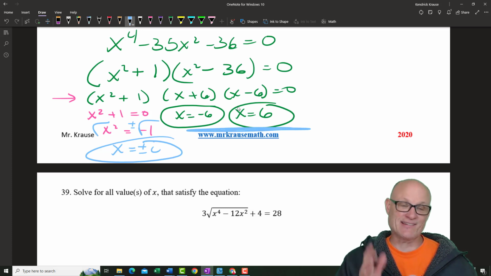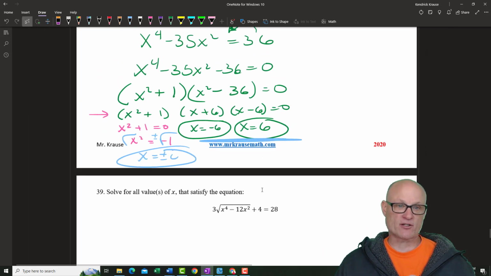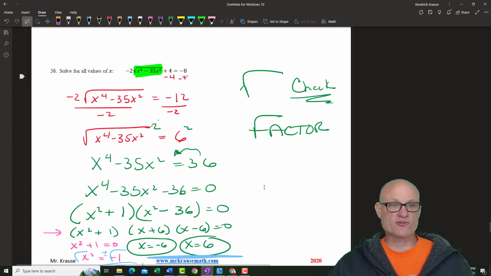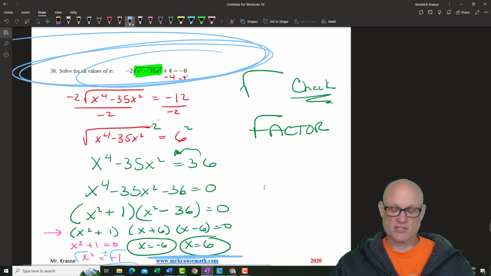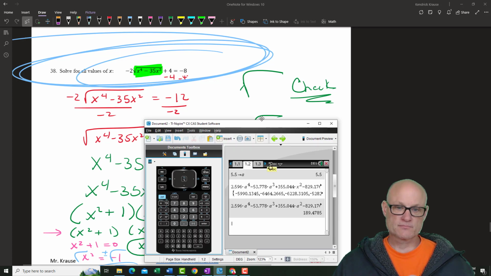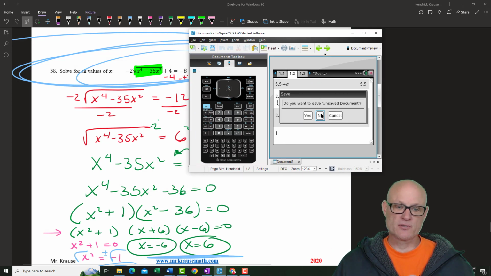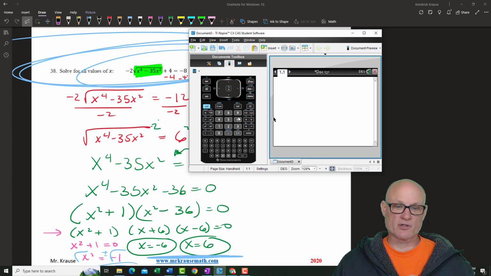But since this is a radical question, all radical questions must be checked. And remember, you always check back in the original. All right, so let me put my calculator up here. The first thing I'm going to do is store negative 6.